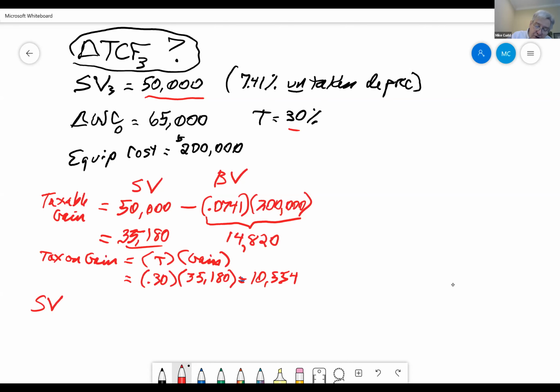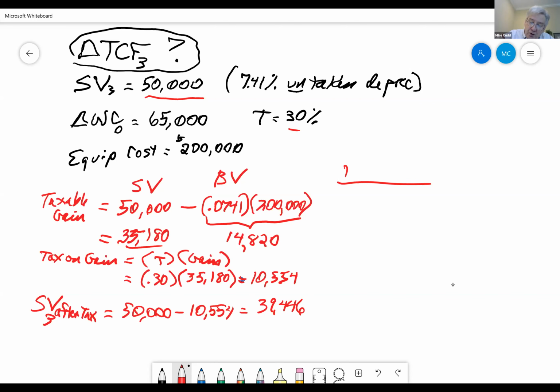So our salvage value after tax in year 3 would be the salvage value of $50,000 less what we have to give up in taxes. We expect to sell it for $50,000, but then we expect the government to swoop in and take over 10 of that, which would leave us with $39,446.